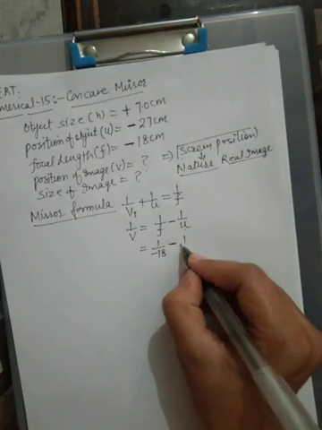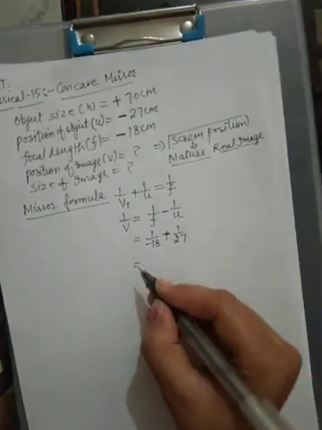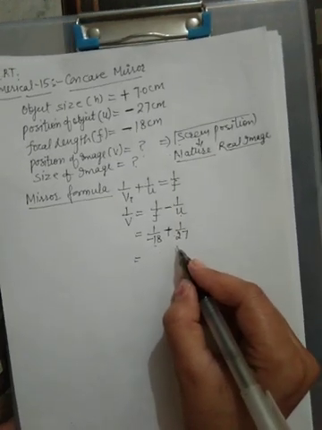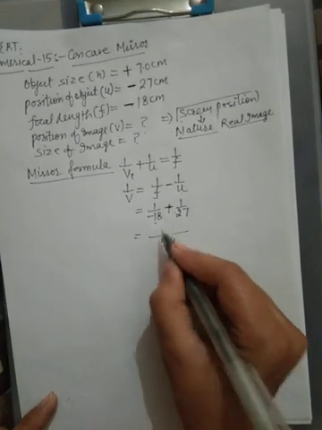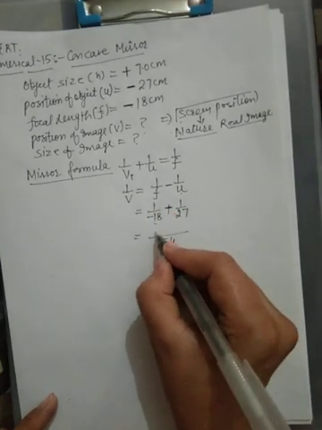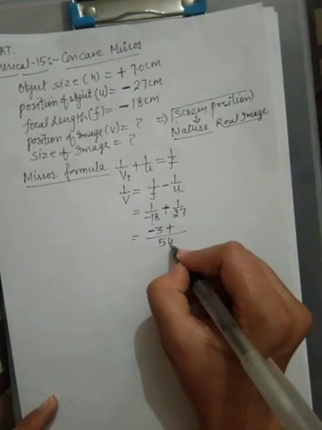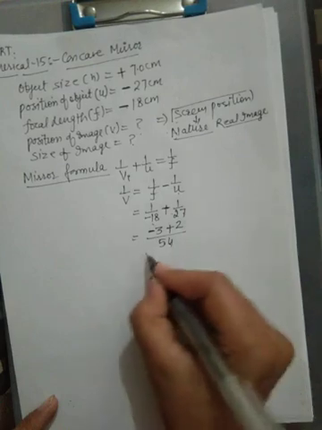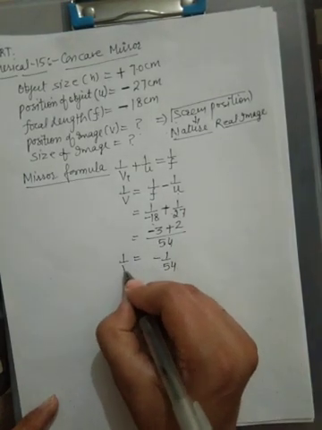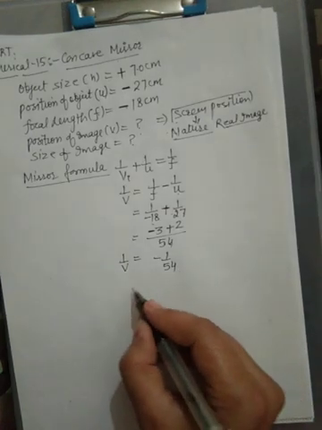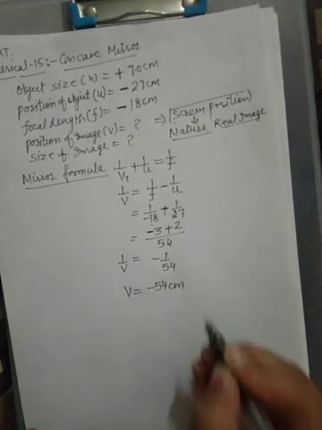U is minus 27. What is the LCM of 18 and 27? That is 54. 18 3s are 54, 27 2s are 54. So it is minus 1 by 54. So 1 by v is equal to minus 1 by 54. So v is equal to minus 54 centimeter.